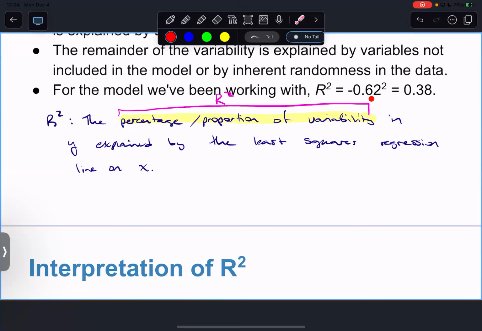Isn't it the slope? Well, I guess they're very similar because the standard deviations are so similar.